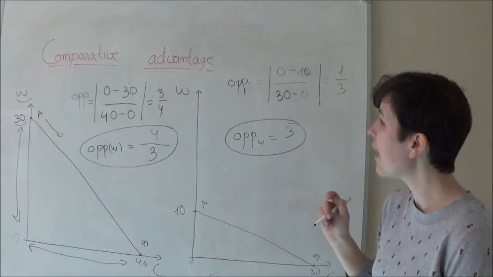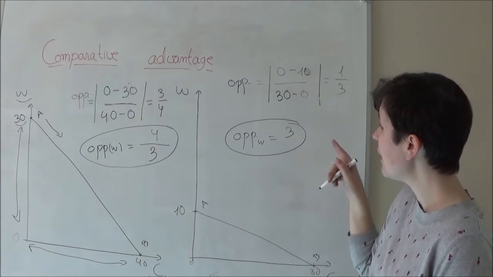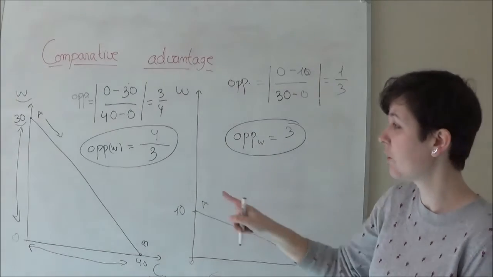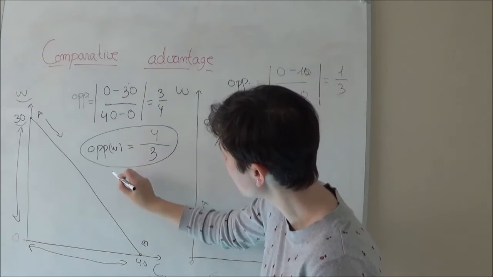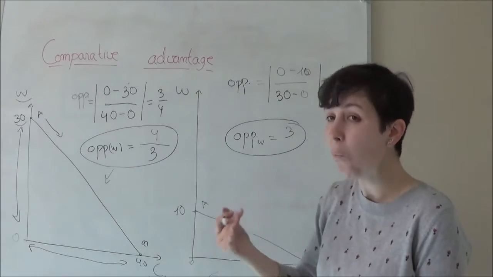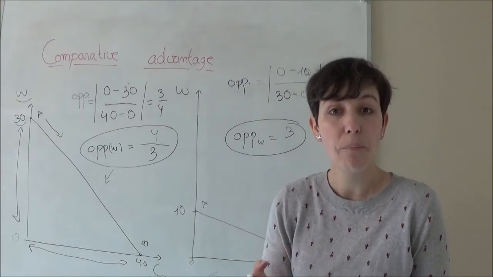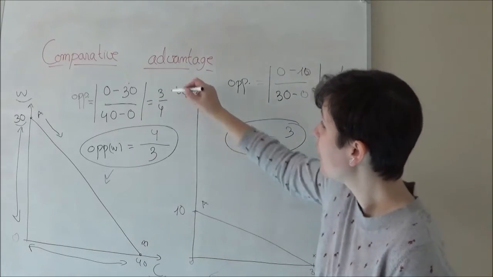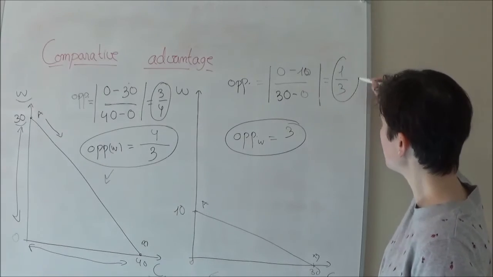The economy that has a comparative advantage in the production of wine is the one that has the lower opportunity cost. So this economy is the one that has the lower opportunity cost of producing wine, so it has the comparative advantage in the production of wine, while the opposite is going to be here.